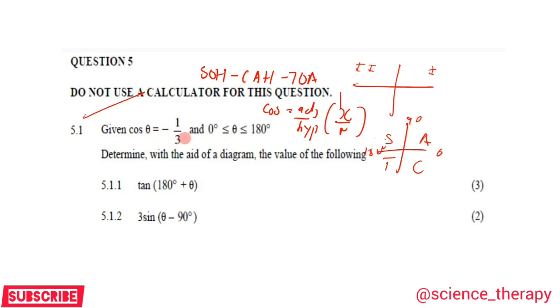Now, we know that all trig ratios in the first quadrant are positive, and in the second quadrant, only sine is positive. So that means cos is negative in the second quadrant. That would indicate to you that we need to draw in the second quadrant.